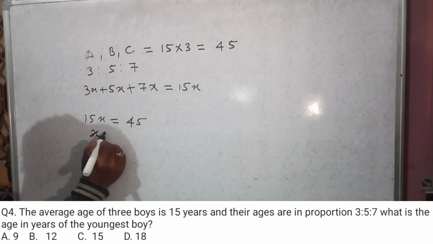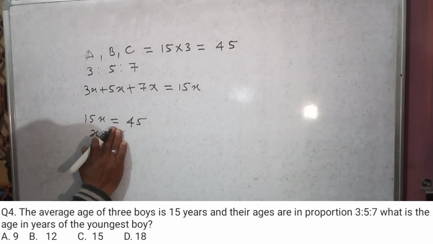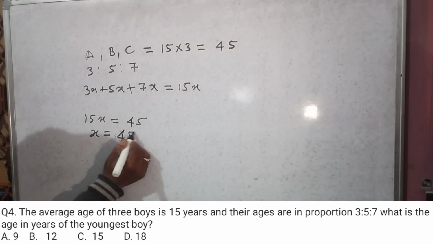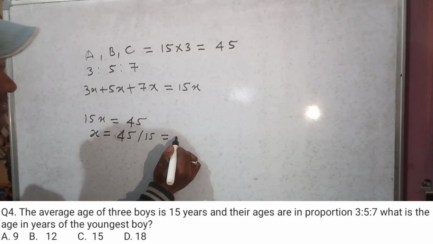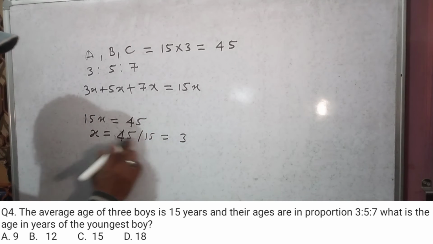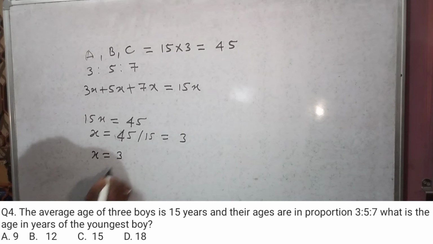So x is equal to 45 by 15. So it will be 3, right? 15 times 3 is 45. So x is equal to 3.